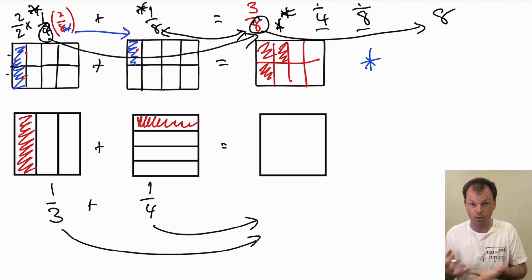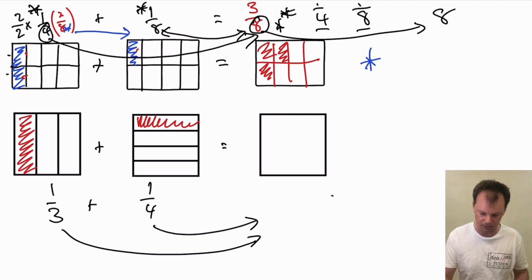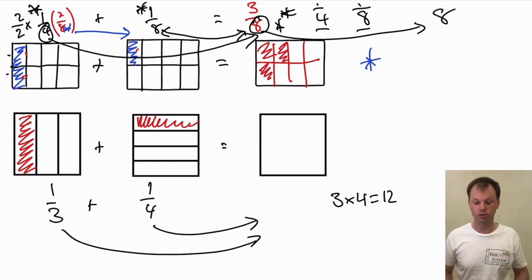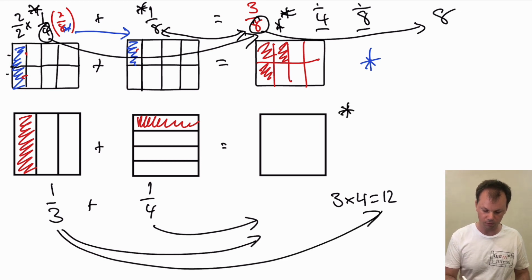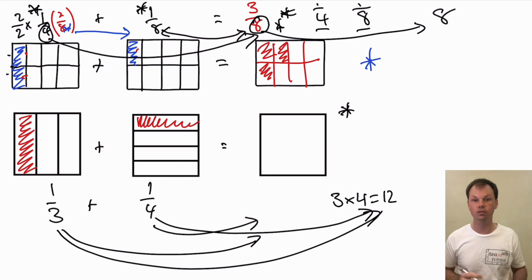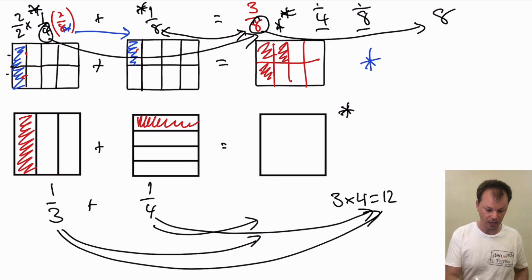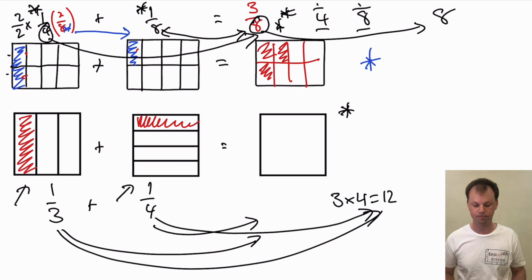Because therefore they're both factors. That's the definition of a factor. So if I do 3 times 4 equals 12, and I cut this up into 12 parts, 3 is a factor of 12, 4 is a factor of 12. So then I can cut this up into 12 parts and this up into 12 parts.